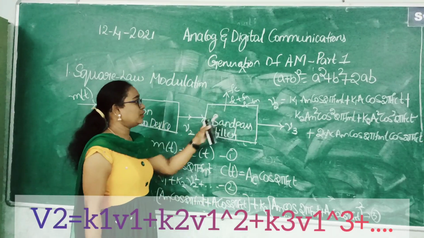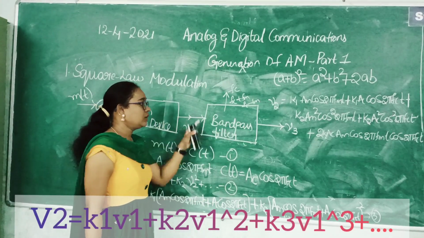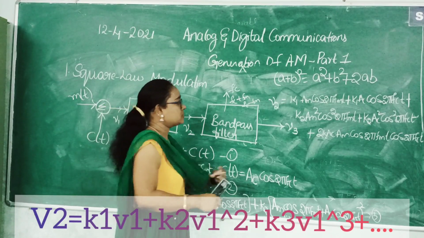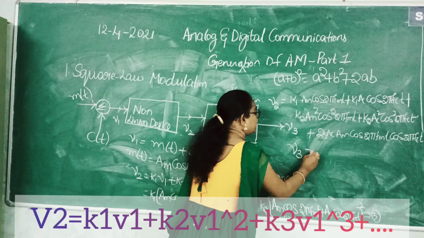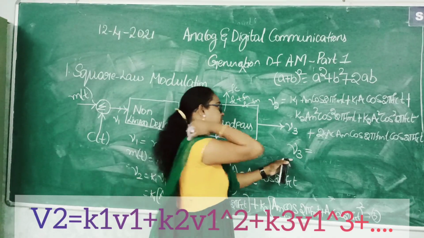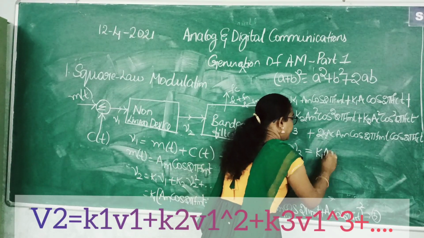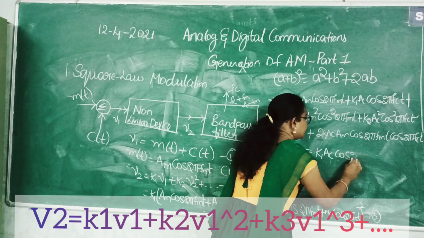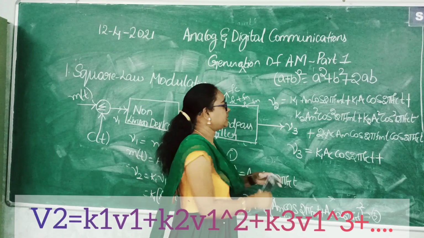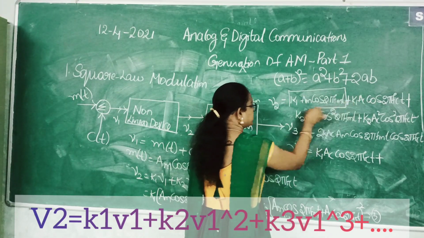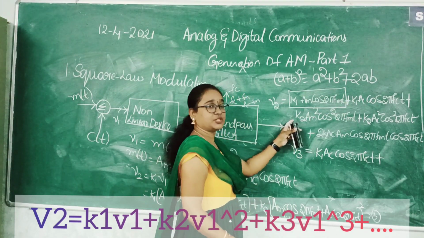So these bands of frequencies are passed through the band pass filter. Hence, when this filtering operation is performed, in the V3 equation, the output equation, we are going to have K1 Ac cos 2 pi fc t plus, what is the other term? This term is filtered, and the next term, which one is filtered?